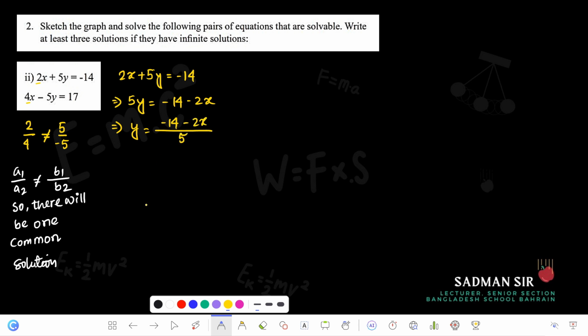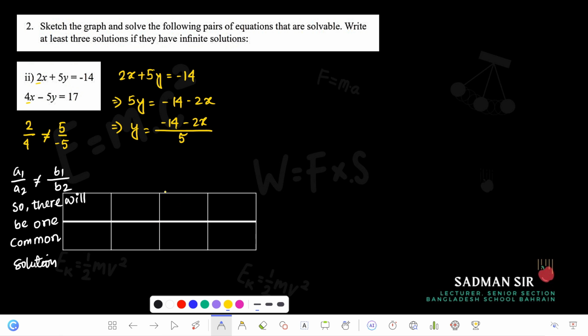Okay, so for this we can develop a table. The writing came within the table, so I have to erase and rewrite it here. Now the value of x and y, you know that we can choose the value of x, and for that we will get the value of y.